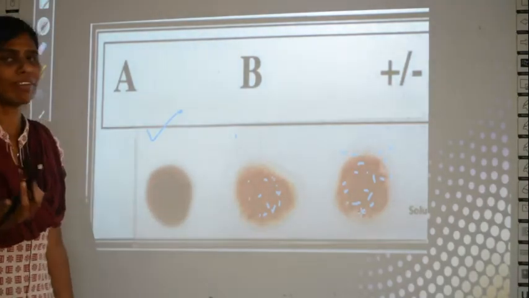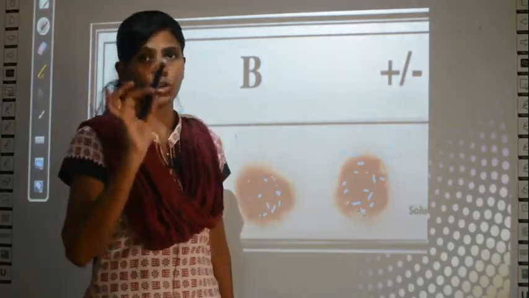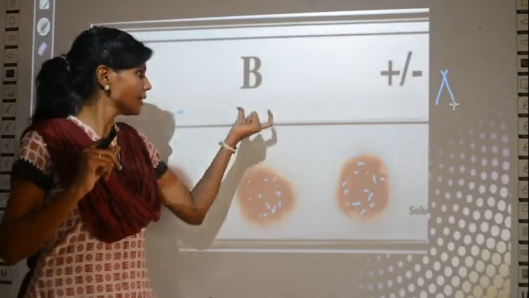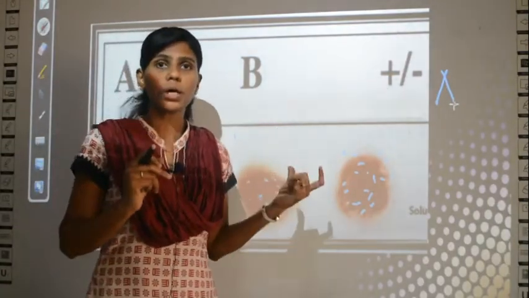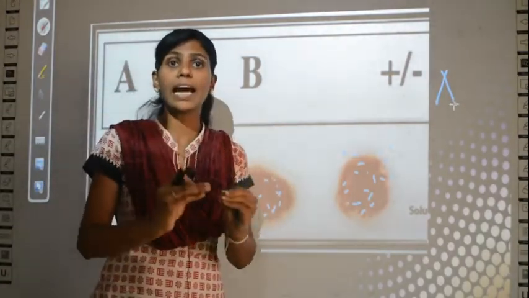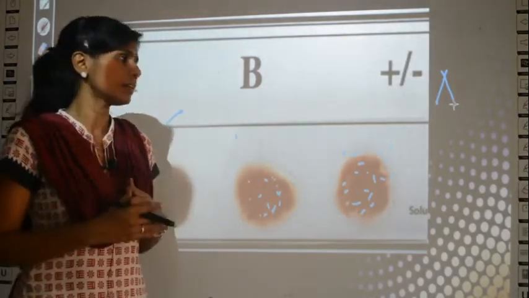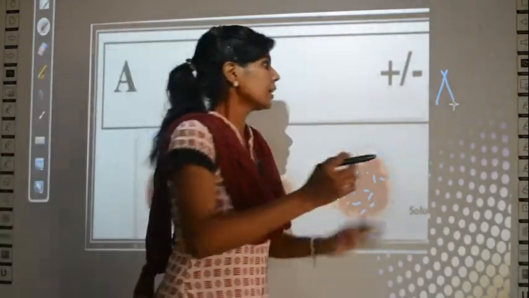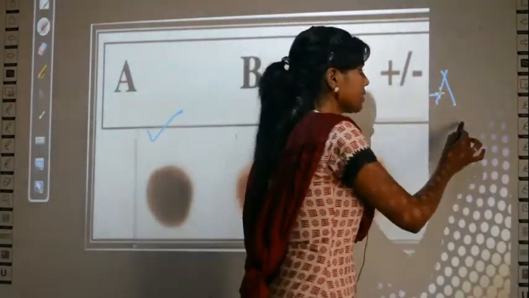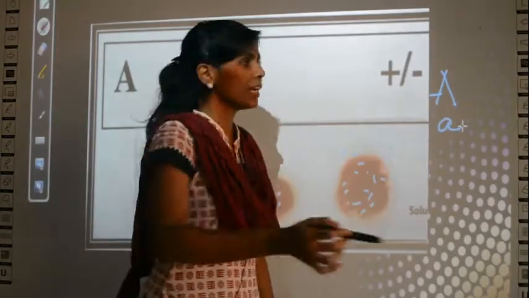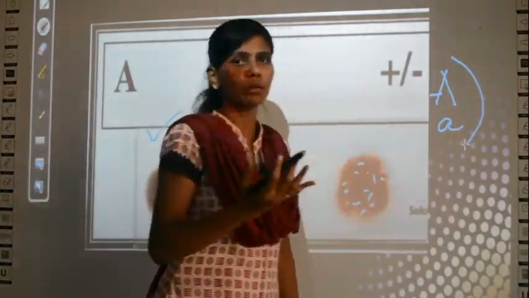Why? Because in the second drop we added antibody B. You have clots with antibody B because this person's blood has antigen B. This is how the concept works: if a person has antigen A and you add antibody A to the blood, it will clot, that is, there is agglutination.